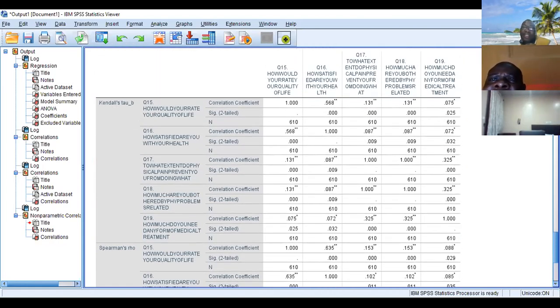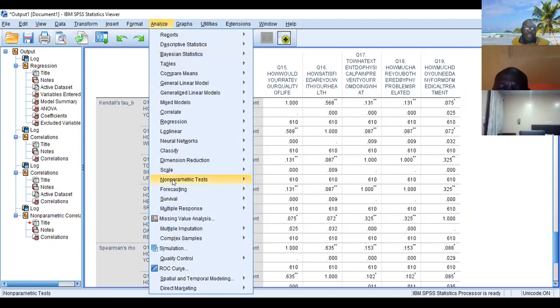The reason is that we did both Kendall and Spearman, so it puts too much in there. Usually you put Kendall and Spearman in the same table. Let me redo it and do only Kendall.